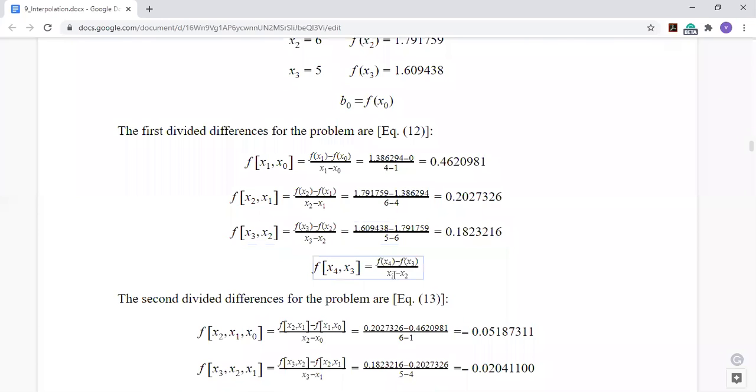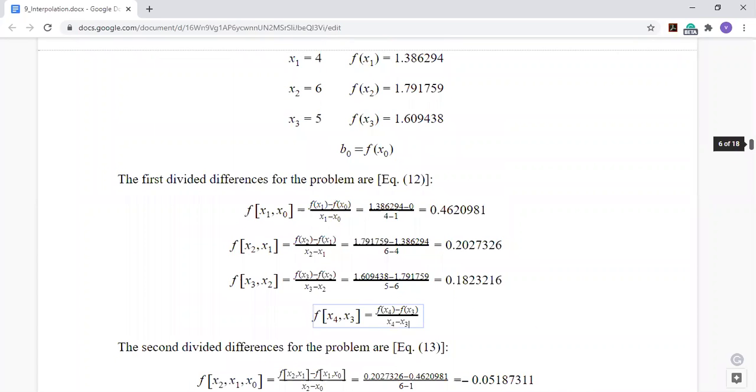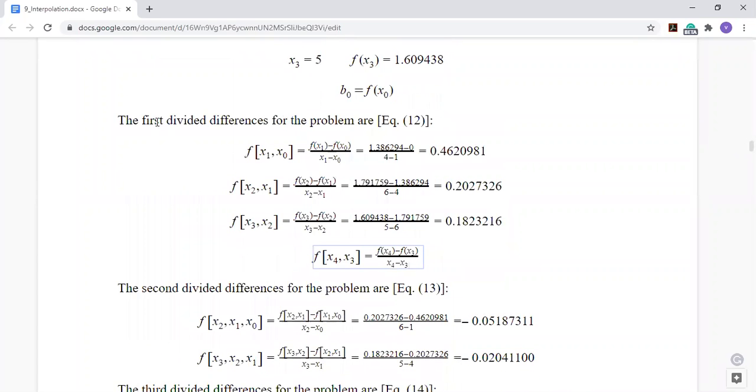Then there will be x4 and there will be x3. So all of you were right. Thank you very much for that. So this is the first finite divided difference. Remember, we are doing a third order polynomial. So we need the first, the second, and the third divided difference.